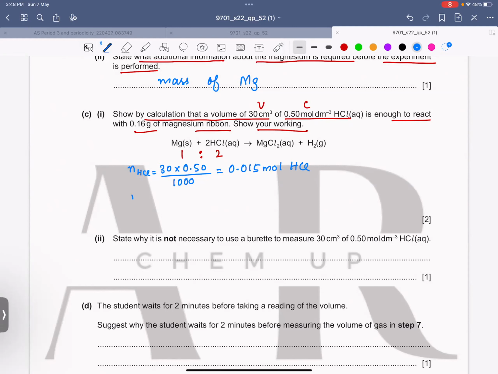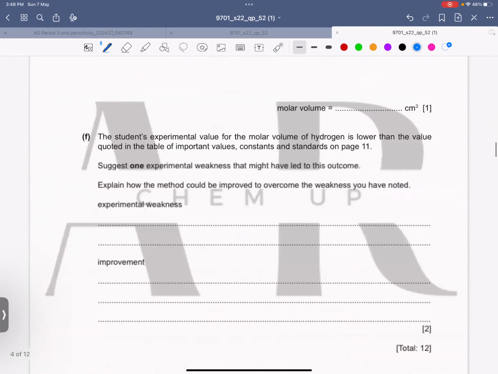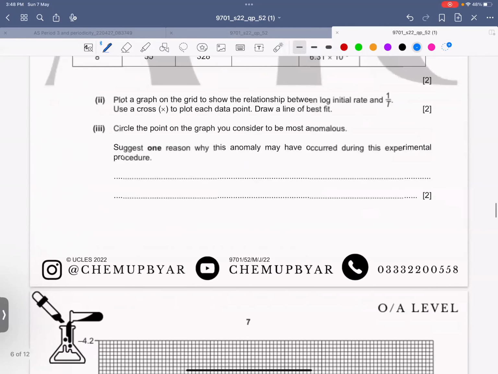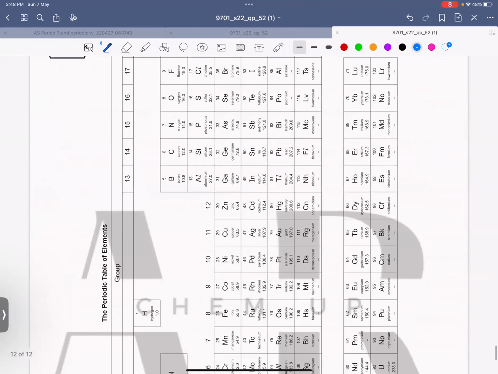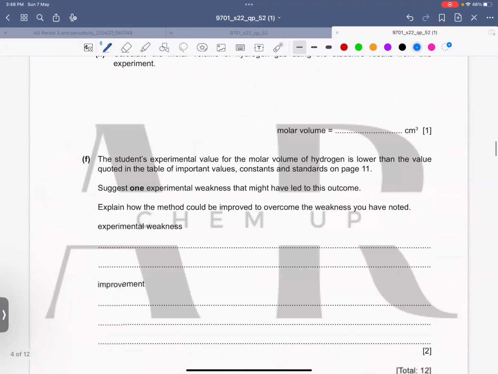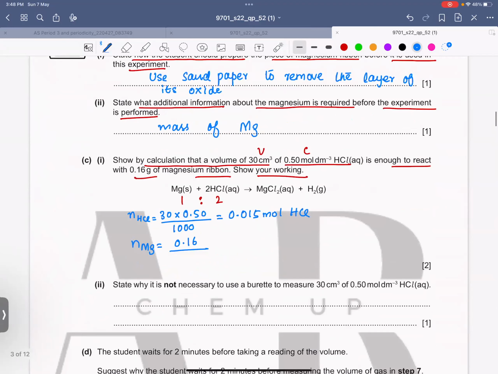Now, moles of magnesium. To find the moles of magnesium, divide its mass by the Ar of magnesium. If you look at the Ar of magnesium provided in the periodic table at the end, it's 24.3. So 0.16 divided by 24.3 would give me the moles of magnesium.